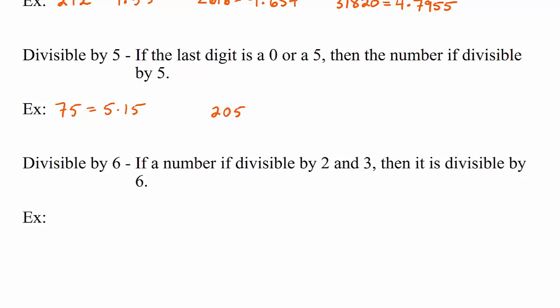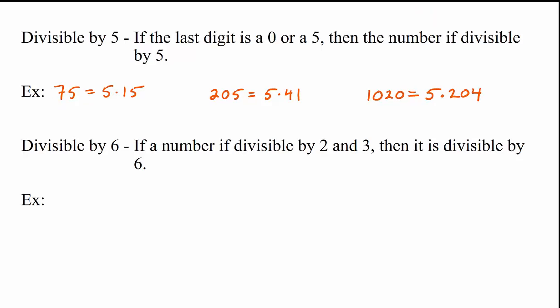It ends in a 5. So therefore, this would be 5 times 41. And, looking at a number that ends in 0, let's say 1,020, it ends in a 0. Therefore, it's divisible by 5. And that would be 5 multiplied by 204.